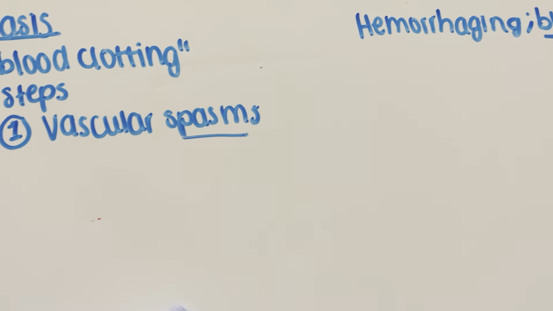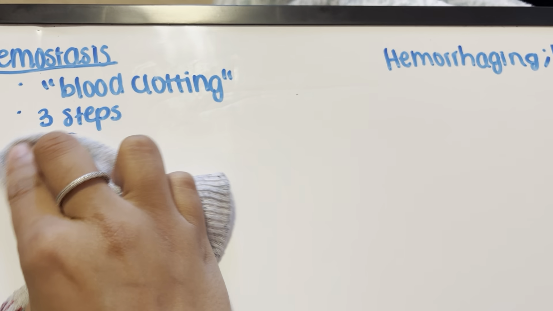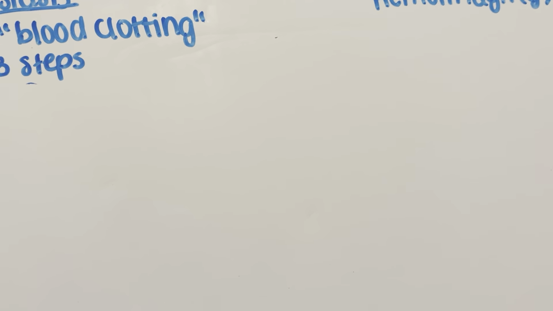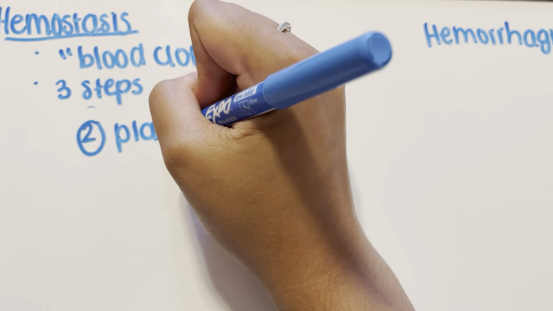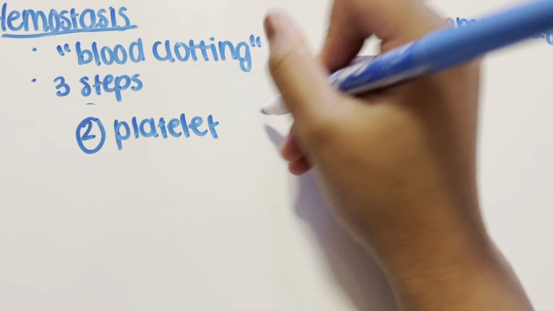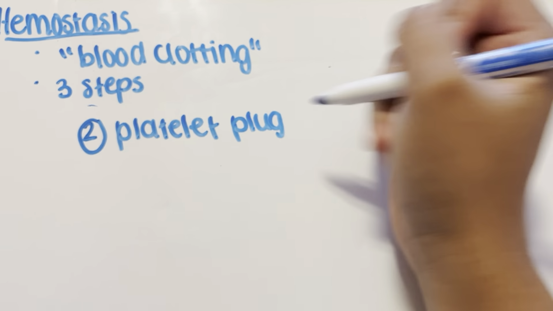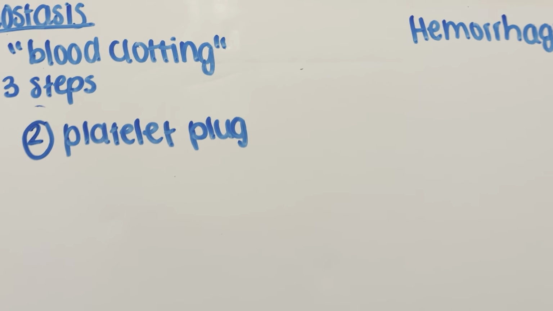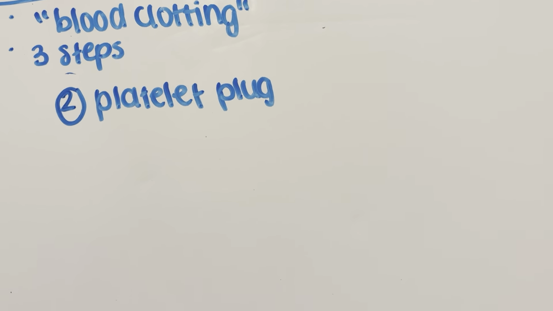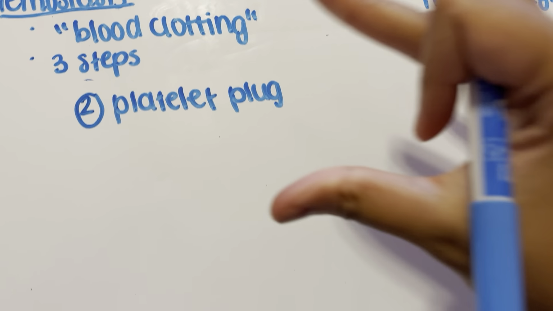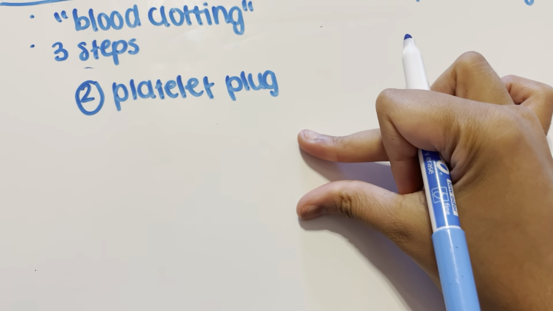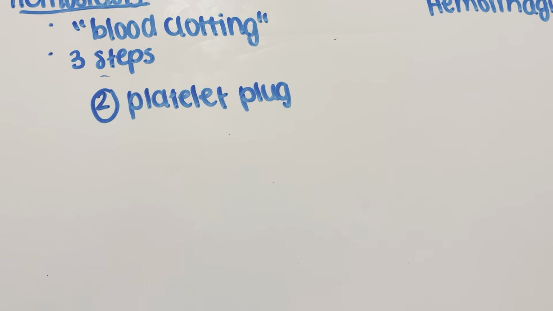Now my second step, the one that I forgot in the beginning, but now I remember, is formation of platelet plug. And as you can tell, this is where we're going to use the platelets, because in the first step the platelets were there, but we needed to make sure that blood vessel was reduced so less blood could flow out of it.